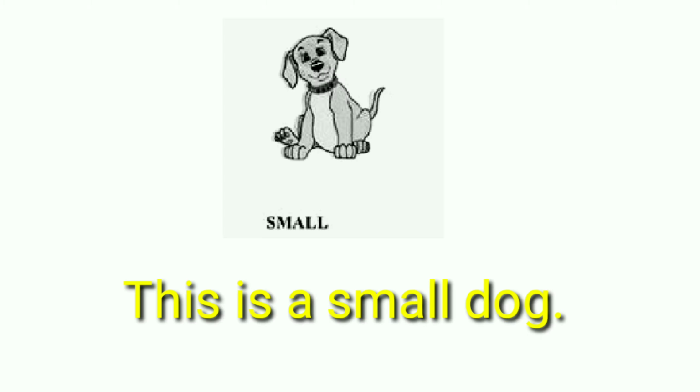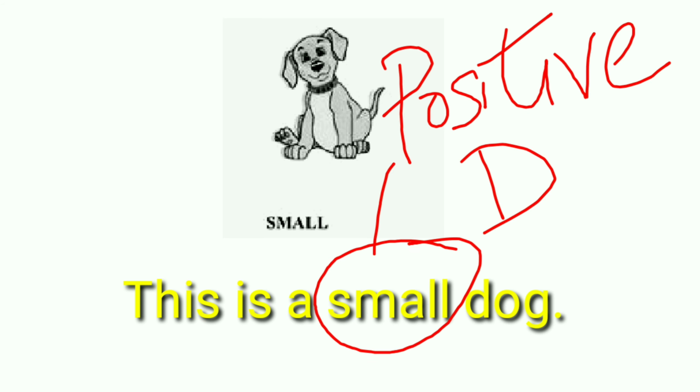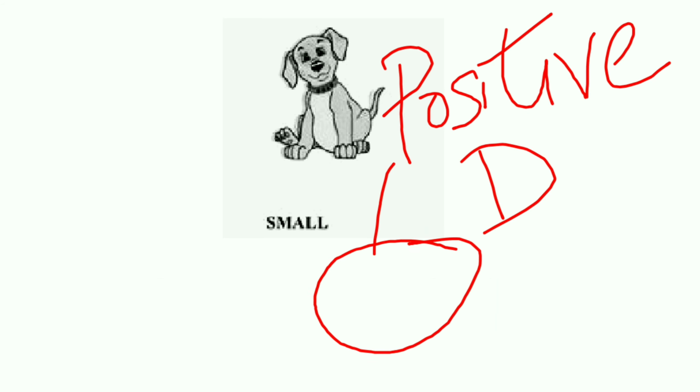For example, this is the picture of a dog and we can use the adjective small to describe this dog. We can write, this is a small dog. Here the word small is describing the dog and telling the quality of this dog, but it's not making any comparison. So we can say that here the adjective small is in positive degree.